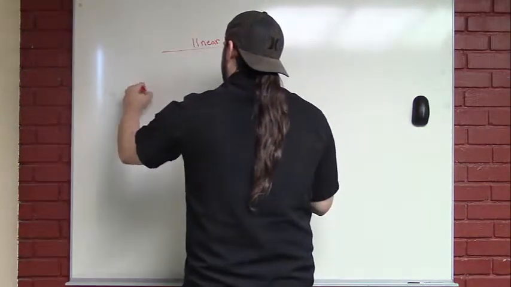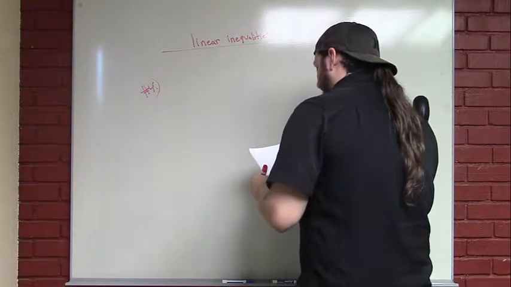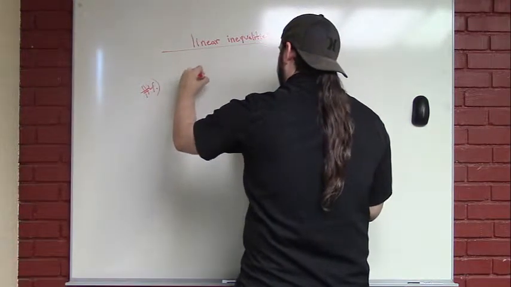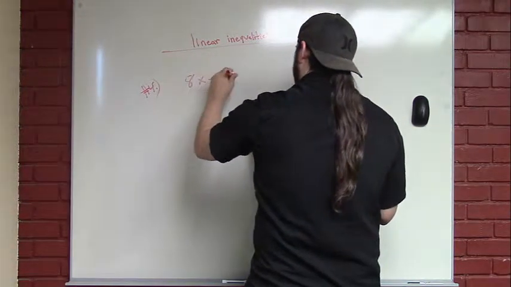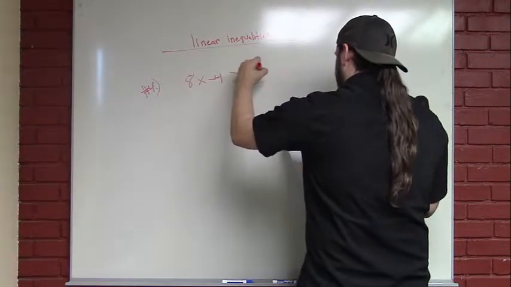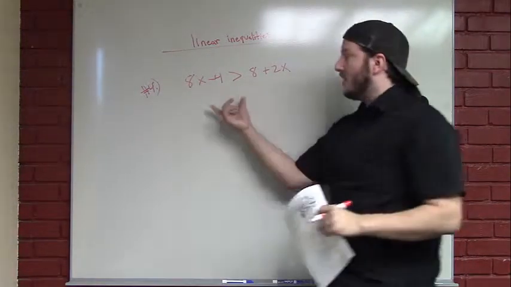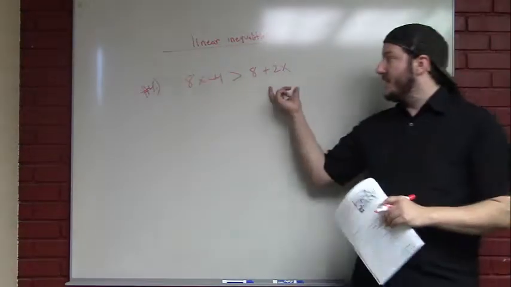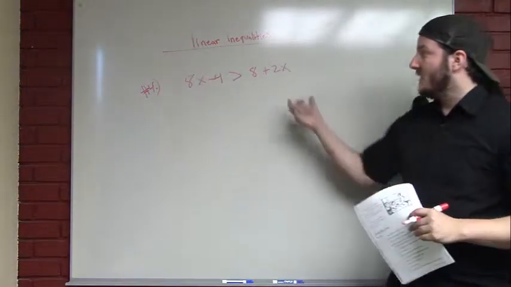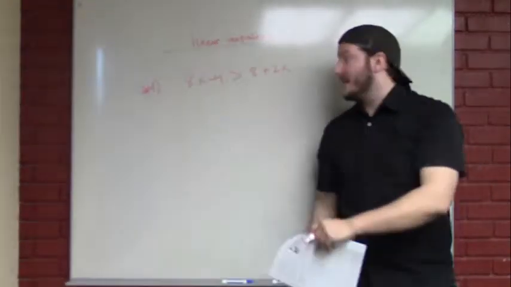Number 4. You get lots of examples of these guys. So we have 8x minus 4 is greater than 8 plus 2x. Okay, do you remember how we solve a problem if there's a variable on each side as well as a number? What you do is you want to get all the x's on one side and you get all the numbers thrown on the other side.